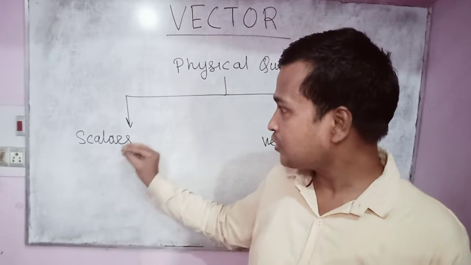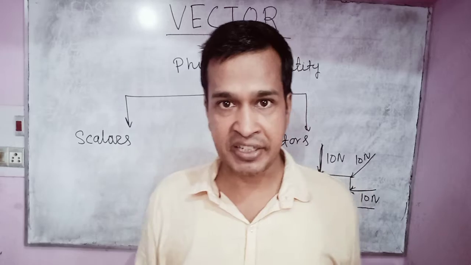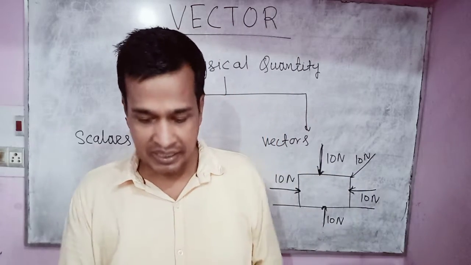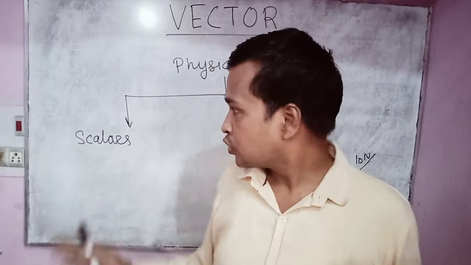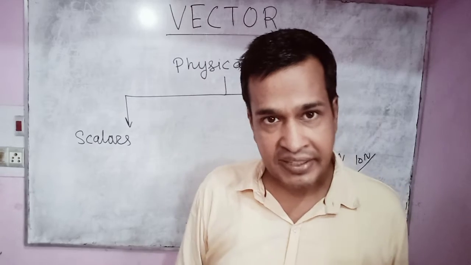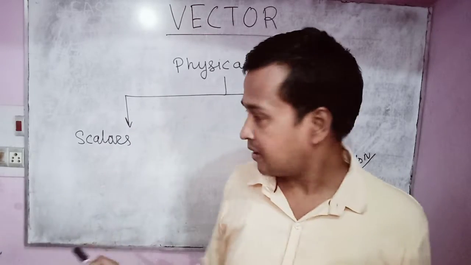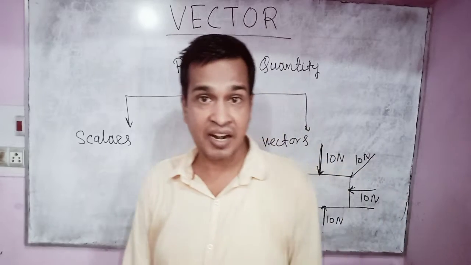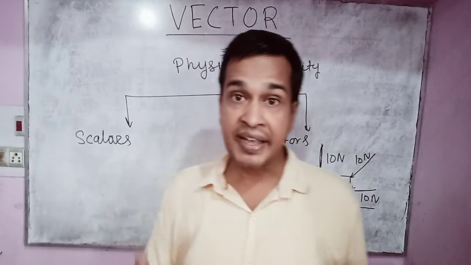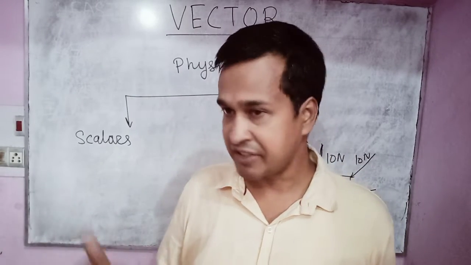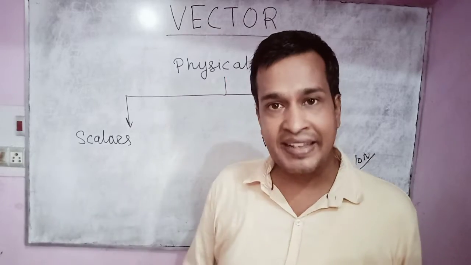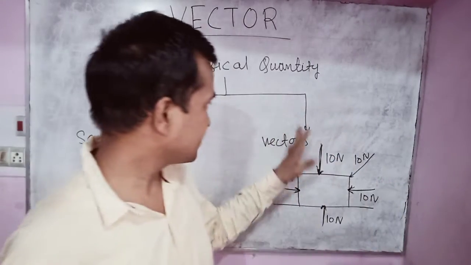So length is also a scalar physical quantity, because to describe length, direction is not needed. So all the physical quantities which can be described only by their magnitudes are called scalars. Other examples of scalars are temperature, speed, energy, electric current, etc. So these are scalars.